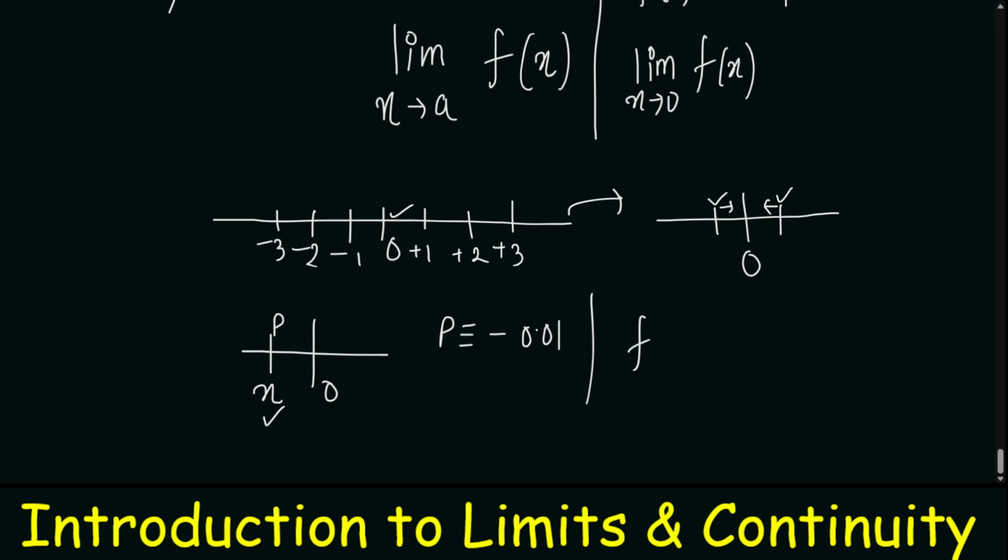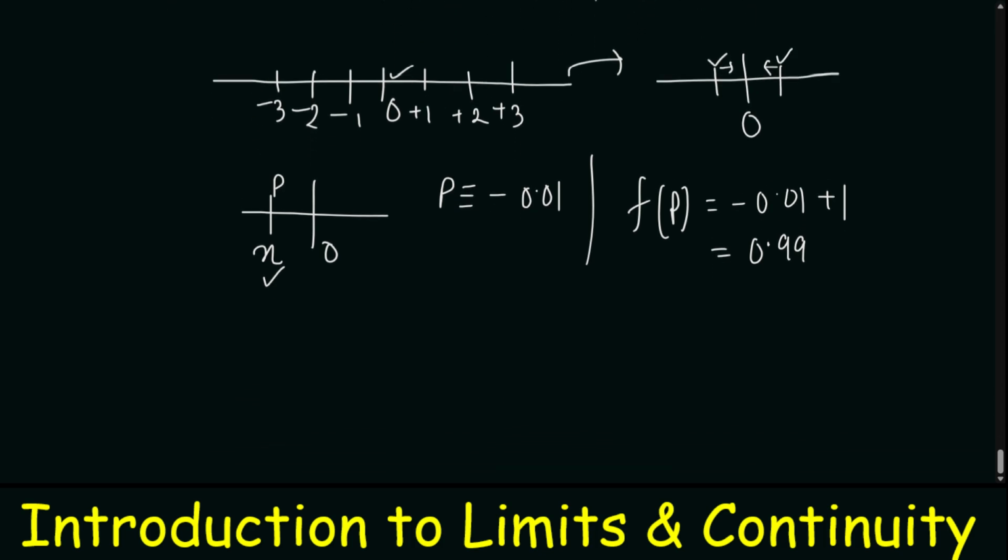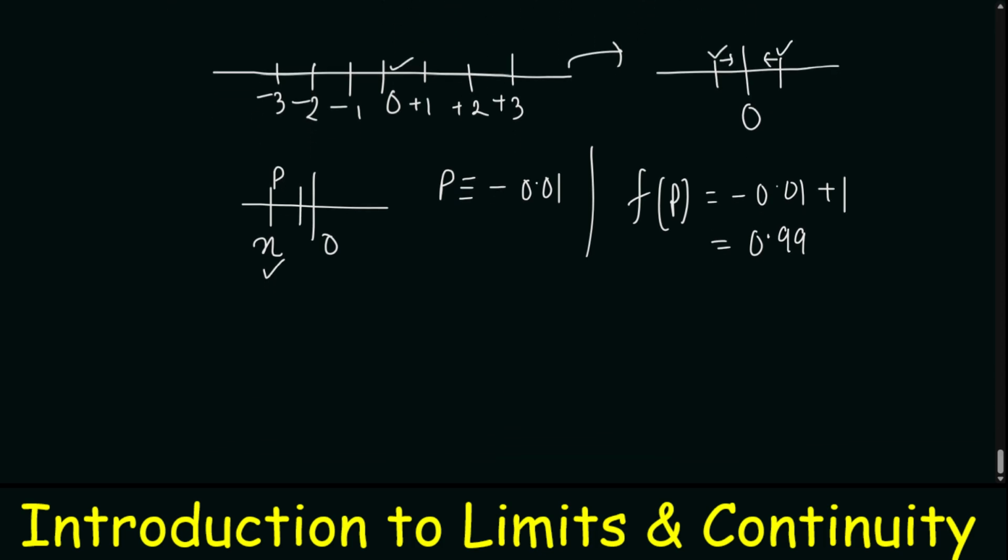The value of the function at the point P should be minus 0.01 plus 1, which is nothing but 0.99. Now, let's say it approaches much closer, and the new point P, which is much closer to 0 than it was before, is minus 0.001.